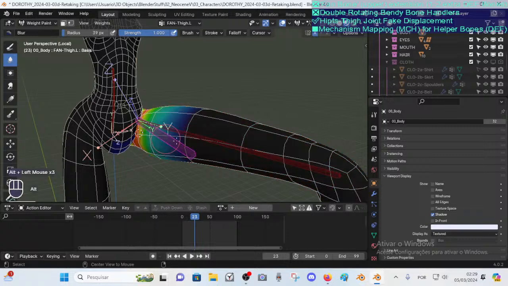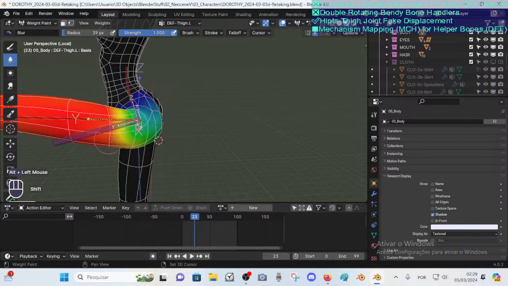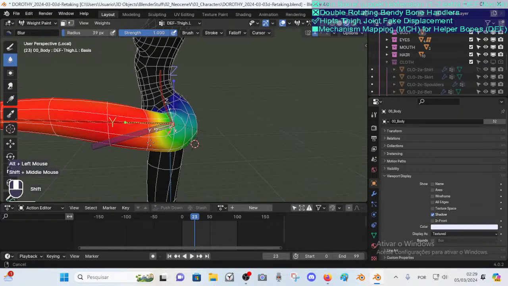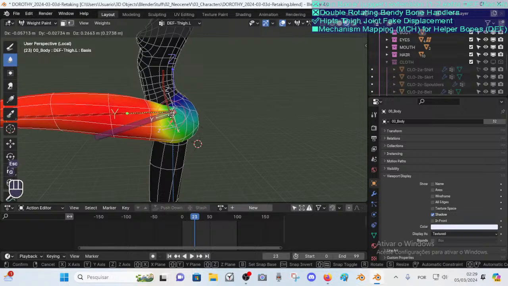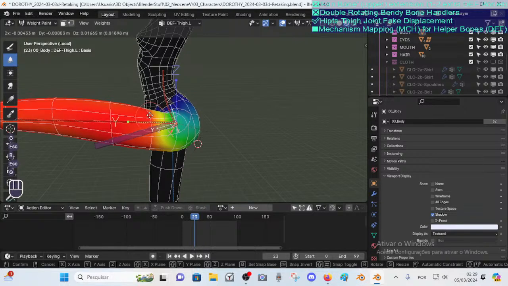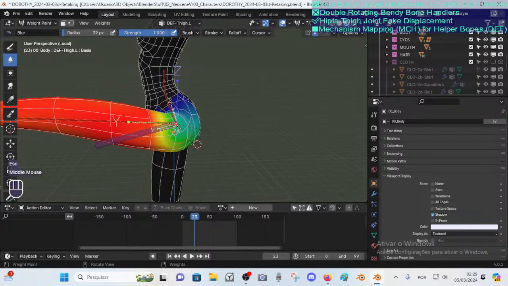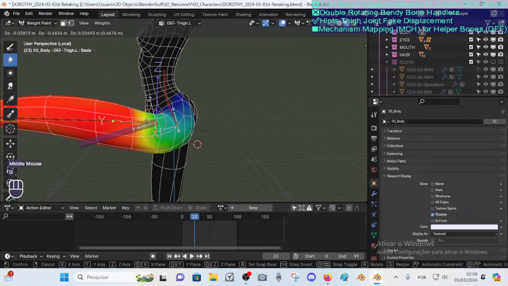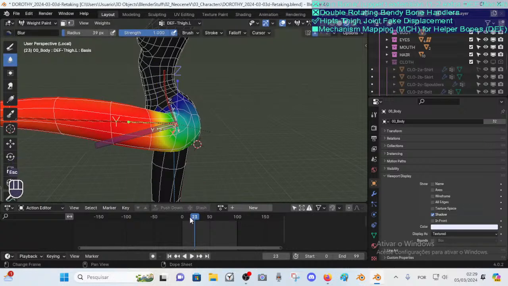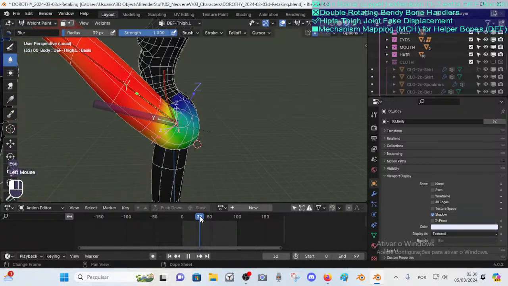And on top of that, because there are artifacts that are generated through rotation, sometimes what we want is the mesh to be pushed back as the leg goes up.